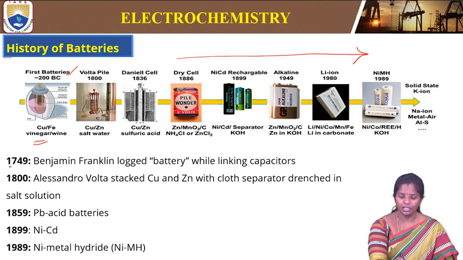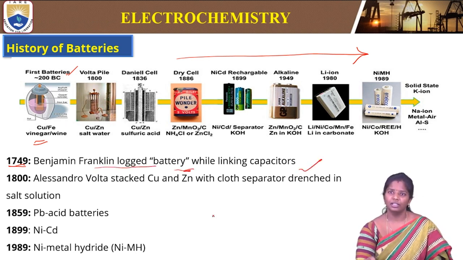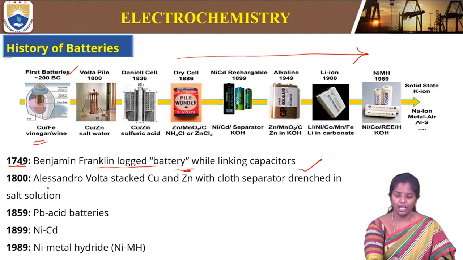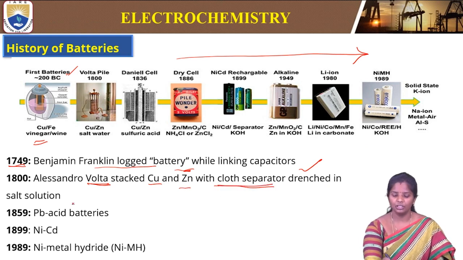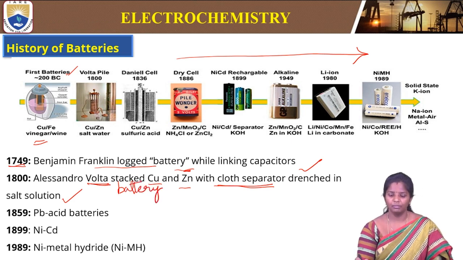Then in 1749, Benjamin Franklin coined the term battery while linking capacitors. Then about 1800, Alexander Volta stacked copper and zinc with a cloth separator drenched in salt solution that acted as a battery. So these are some developments.